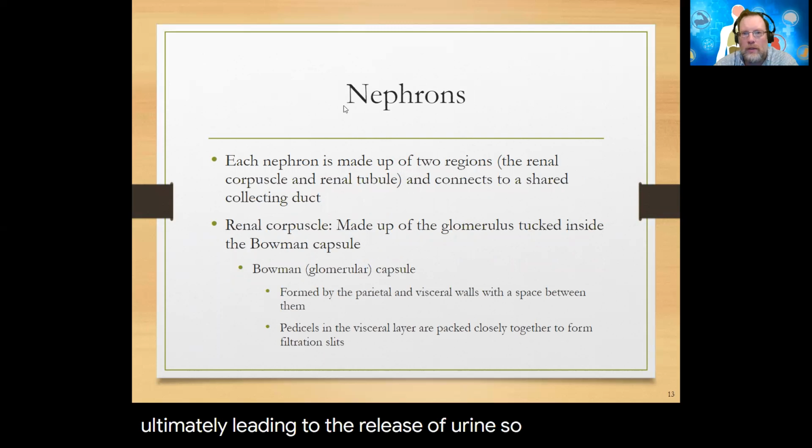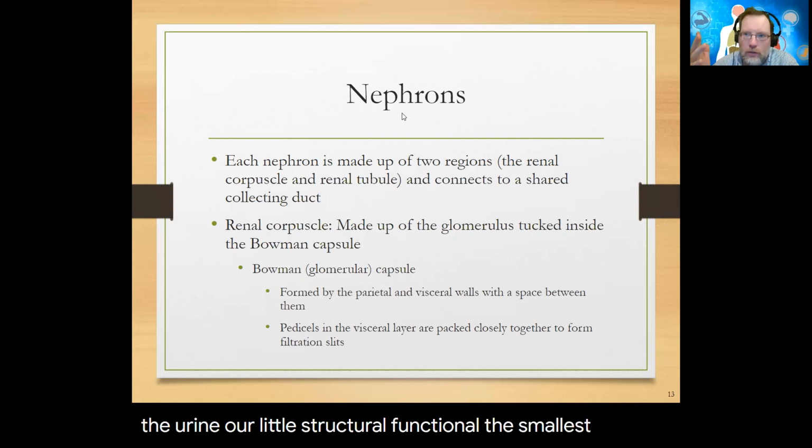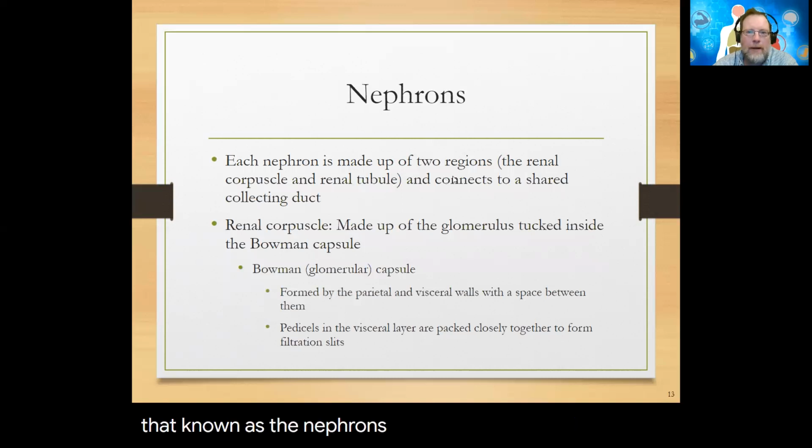So what produces the urine are little structures, the smallest functional unit, the smallest structural unit of the kidneys, known as the nephrons. Nephrons are, and again, we did look at these.